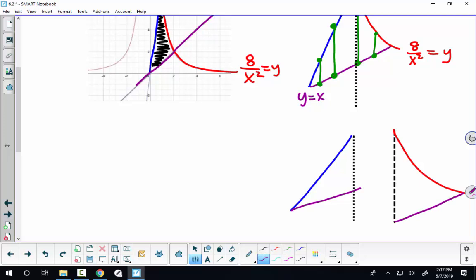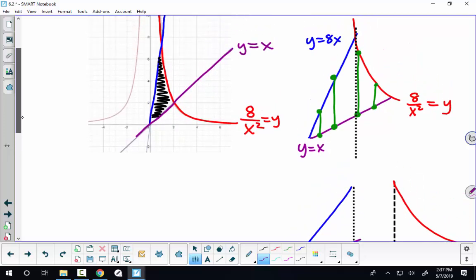So we have to actually add those two areas up, since the top and bottom are changing.